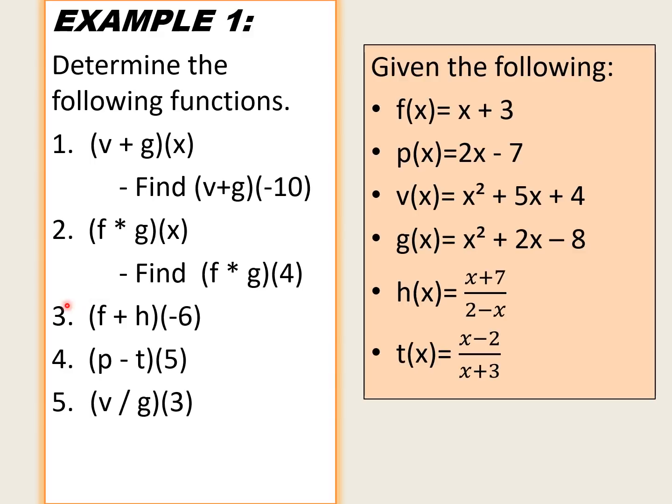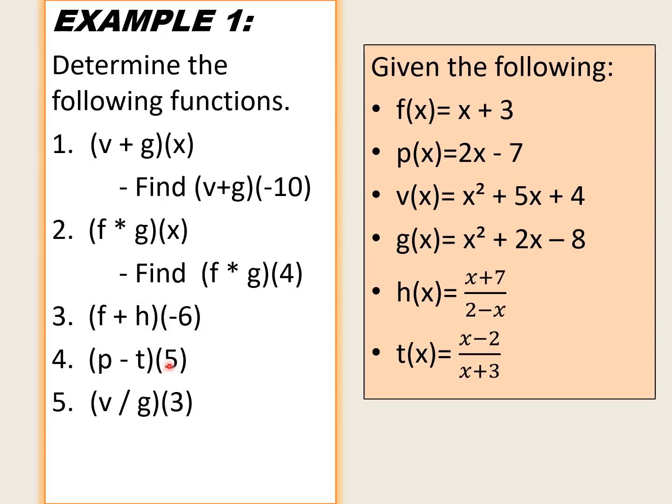And for item number 3, we're going to get the sum first of two functions, f and h, then evaluation na tayo nun where x is equal to -6. Tapos sa number 4 naman, difference ng anong functions? P and t. Difference between p and t when x is equal to 5. So, i-evaluate natin yung nakuha nating difference between p and t.